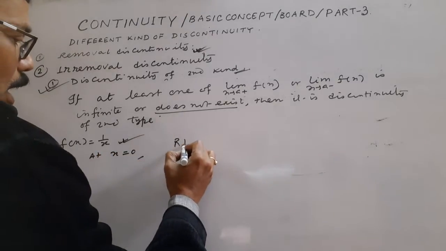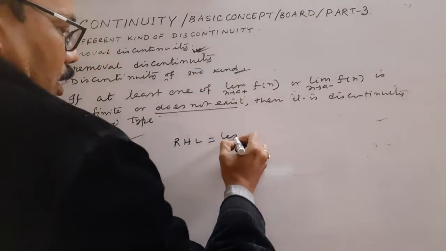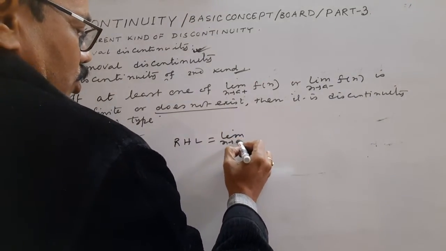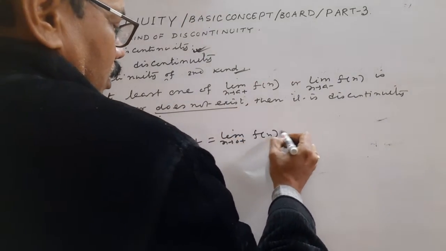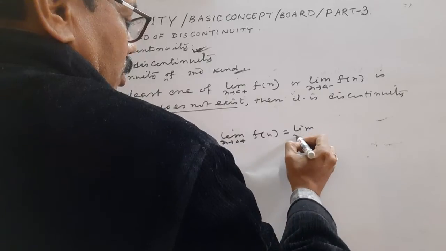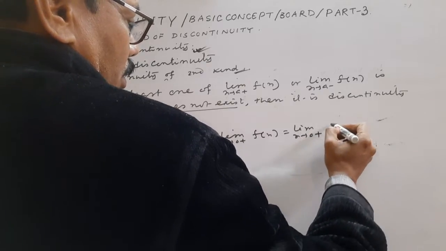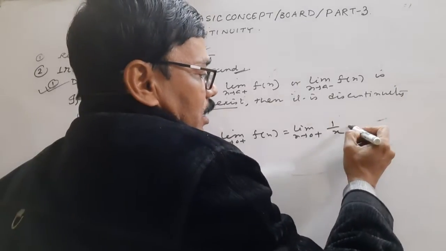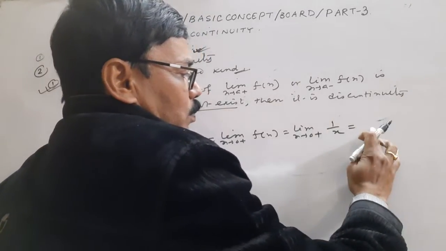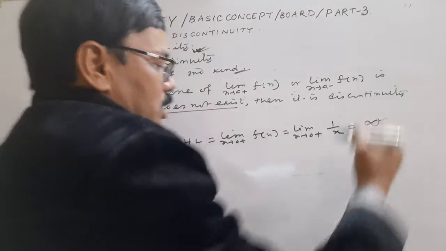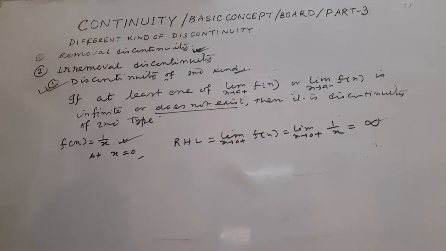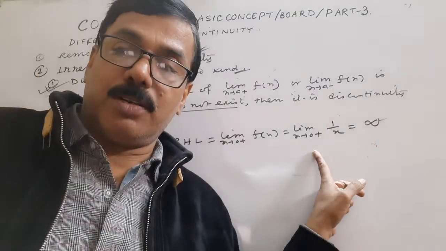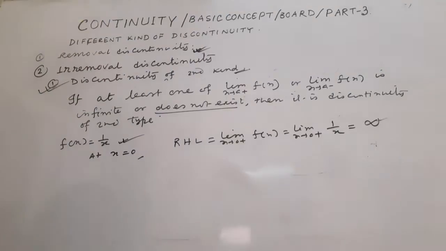RHL equals limit x tends to 0 plus f(x), so limit x tends to 0 plus 1 by x. So 1 by very small positive number, so this is infinity.